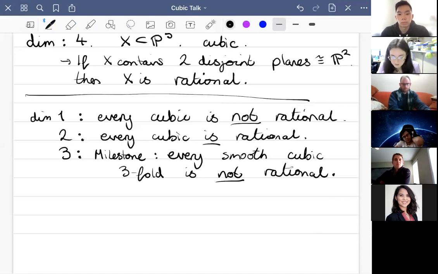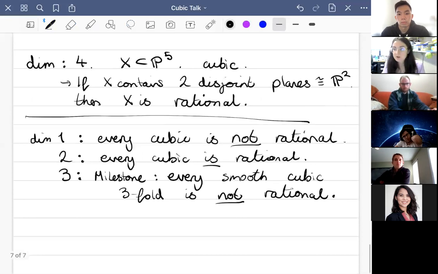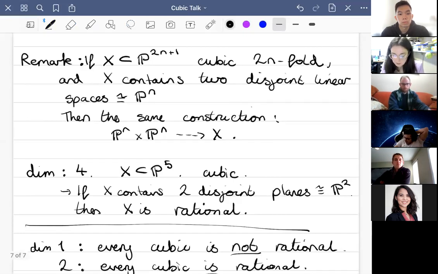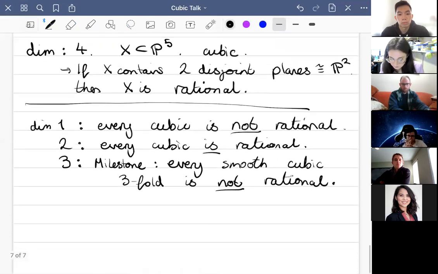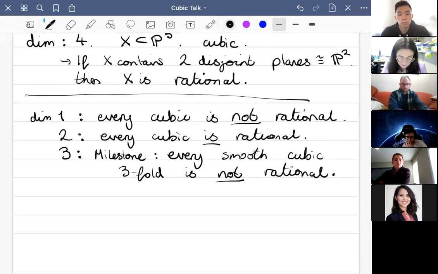And in particular, in dimension 3 we can't do this construction, since dimension 3 is odd dimensional, so we're not going to get two disjoint subspaces from the remark. I don't want to talk anymore about dimension 3. In dimension 4, it's an open question.